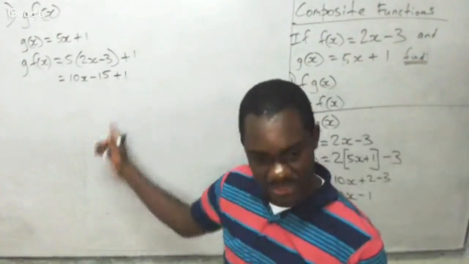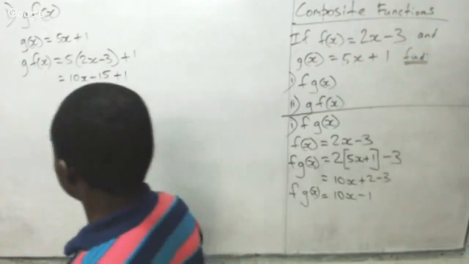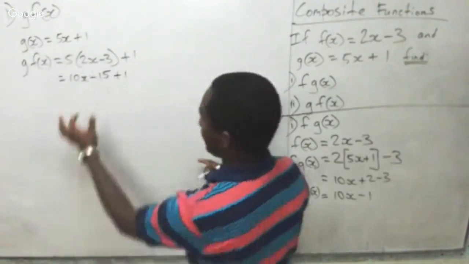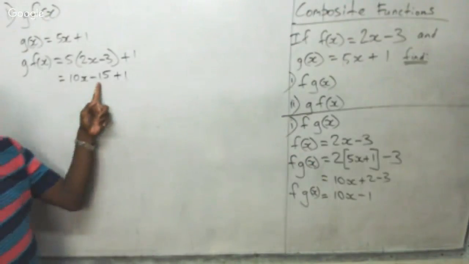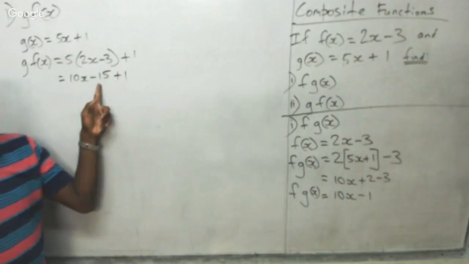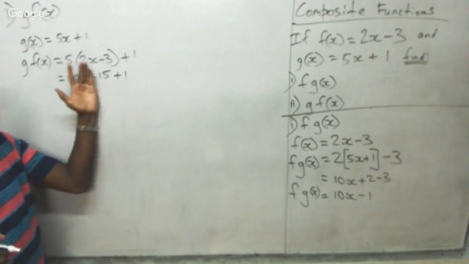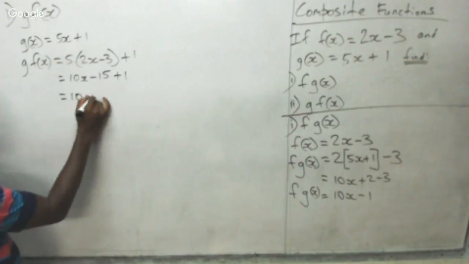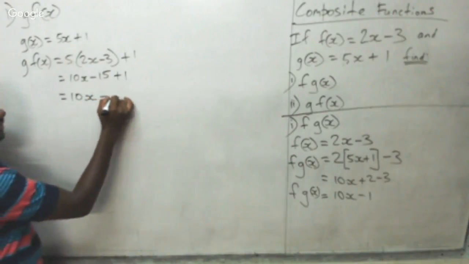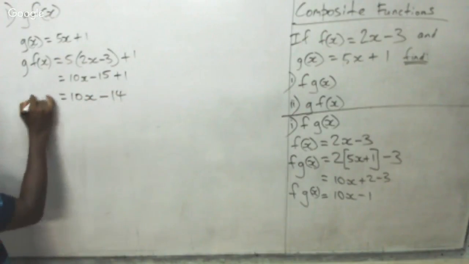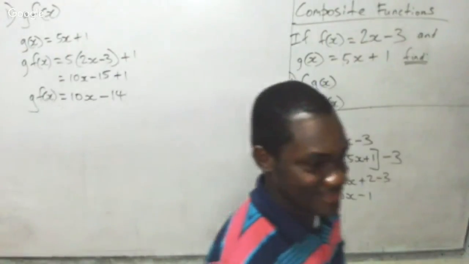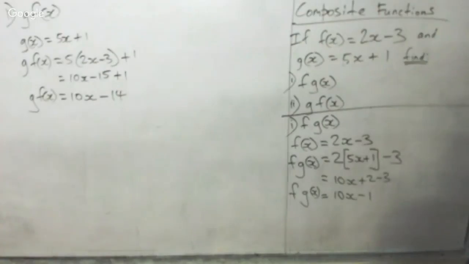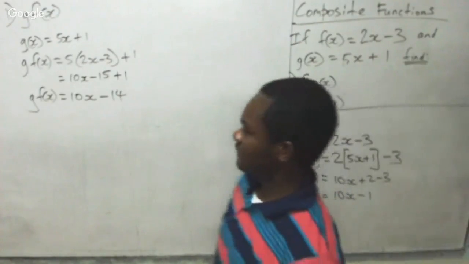This is the plus one. Calm yourself. So what can we simplify? This plus that is what? What number is here? Negative 15, plus 1. So it's equal to 10x minus 14. So that's the answer. If you cut down on the length of it, we might leave off x.